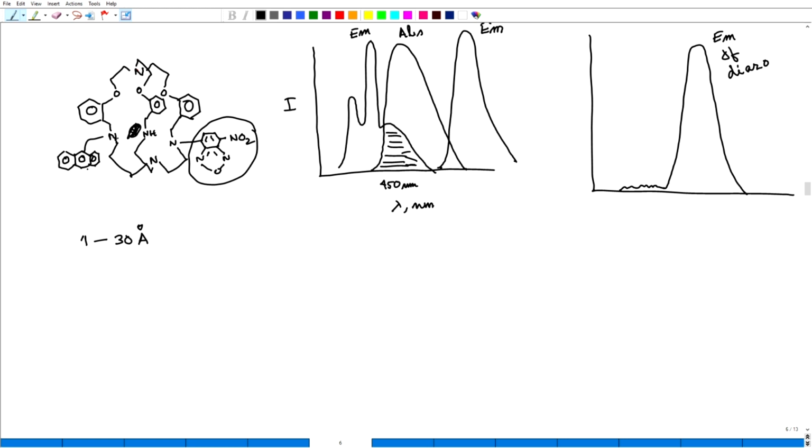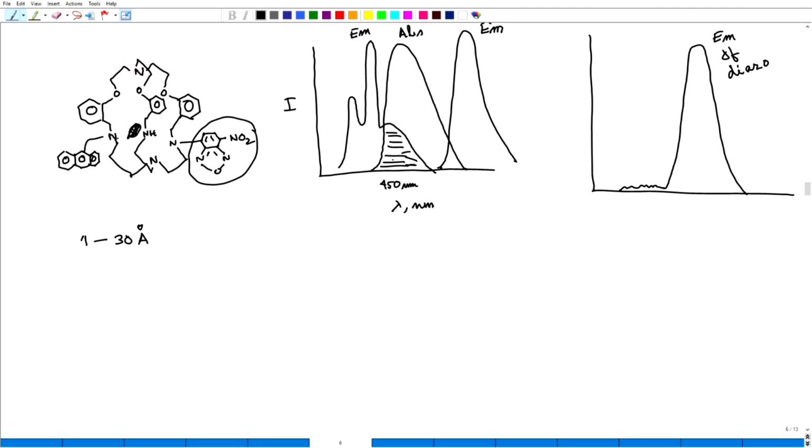The emission spectra of anthracene overlaps with the absorption spectra of the diazo compound. This is the overlap area. So, the diazo fluorophore absorbs.